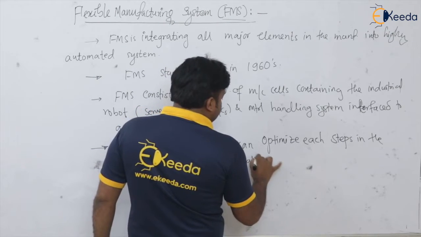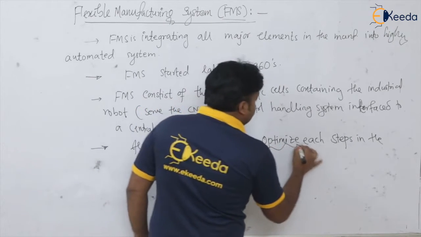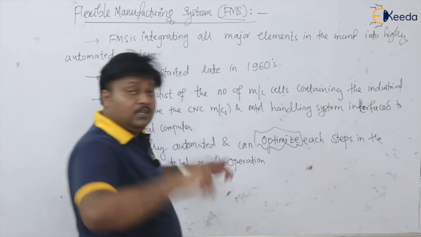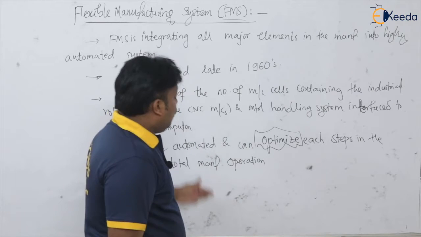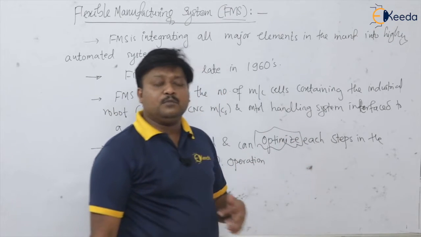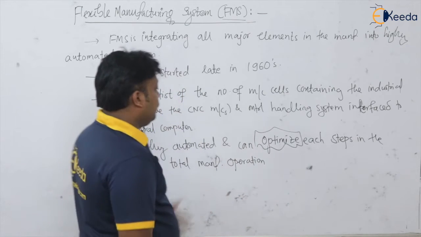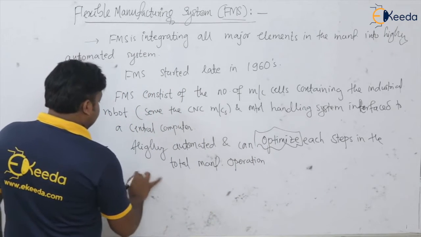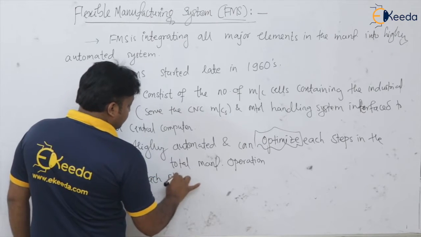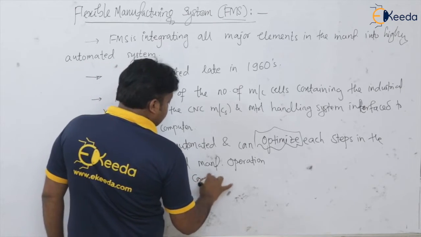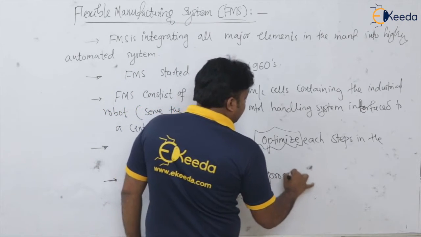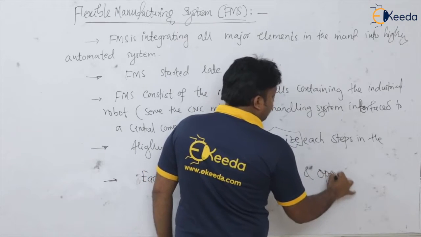This word is very important: it can optimize each step, where the term each is basically used for different processes and operations. Each step consists of different processes and operations.